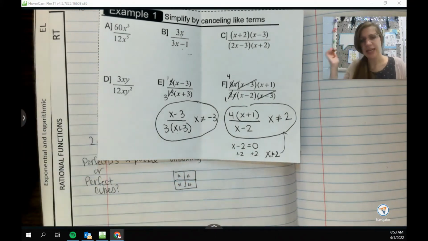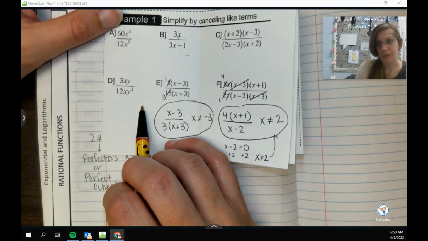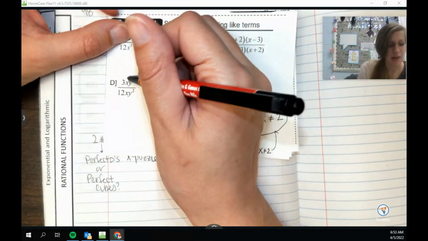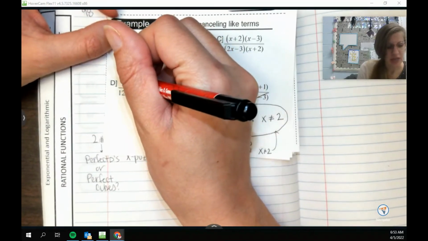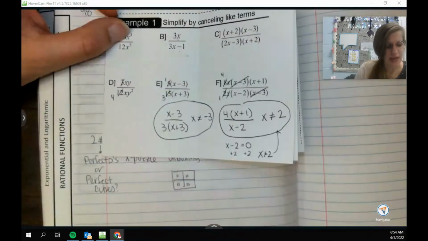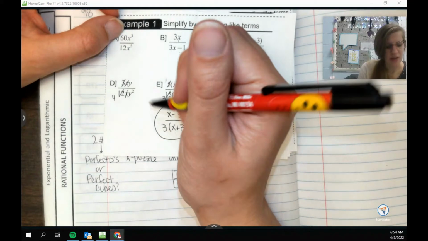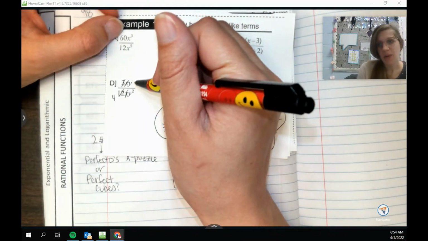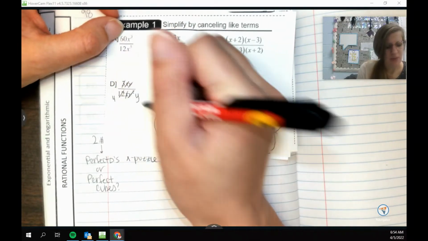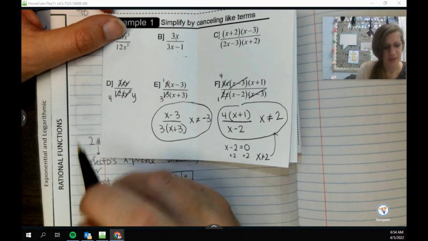Okay, looking at D, this is a big old multiplication problem on top, big old multiplication problem on bottom. And so I can start dividing out common factors. So like the 3 can divide into the 12 4 times. X divided by x is just 1. And when I have 1y on top and 2y's on bottom, 1y can go away, but 1y will still be left on bottom because there were 2 down there.